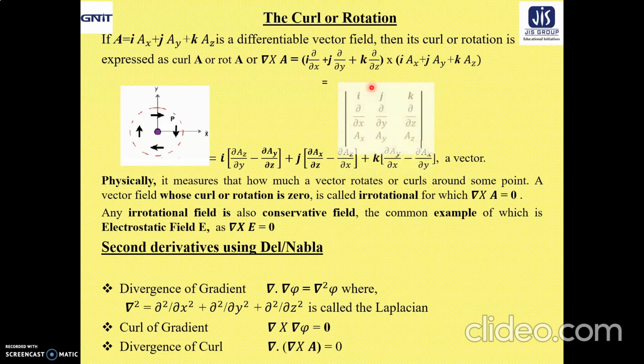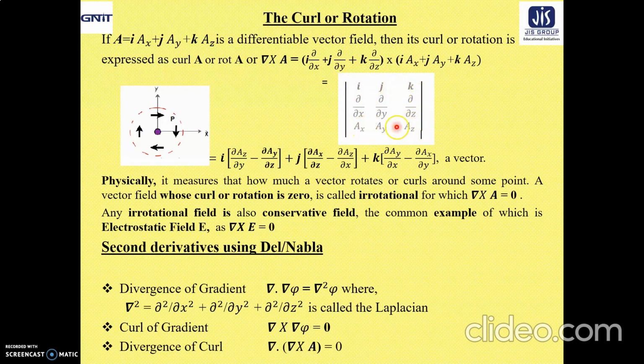Now what about the operation? We all know how to take care of cross multiplication, that is i cap, j cap, k cap in the form of a determinant. Then del del x, del del y and del del z, and then A x, A y and A z. At the top we write the three unit vectors along x, y, z.